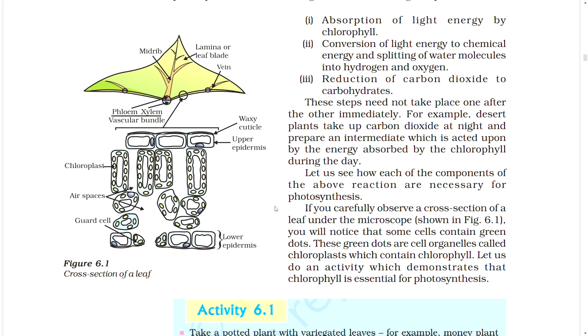If you carefully observe a cross section of a leaf under the microscope, shown in the figure, you will notice that some cells contain green dots. These green dots are cell organelles called chloroplasts, which contain chlorophyll. Let us do an activity which demonstrates that chlorophyll is essential for photosynthesis.